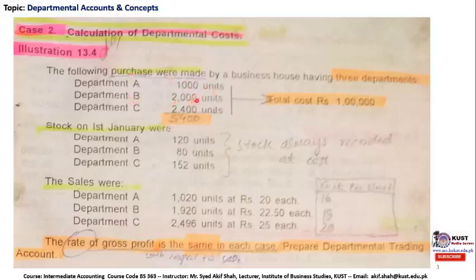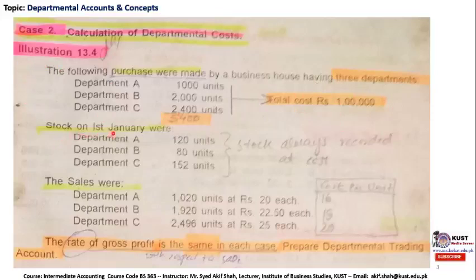Department B has purchased 2000 units, and the Department C has purchased 2400 units. In sum, 5400 units have been purchased by this business house at the cost of 1 lakh rupees, or we must say 100,000 rupees. This is the initial data regarding the purchases.